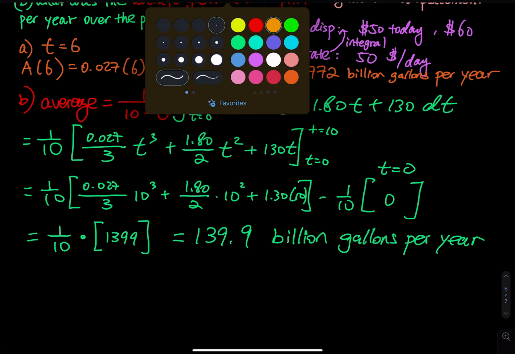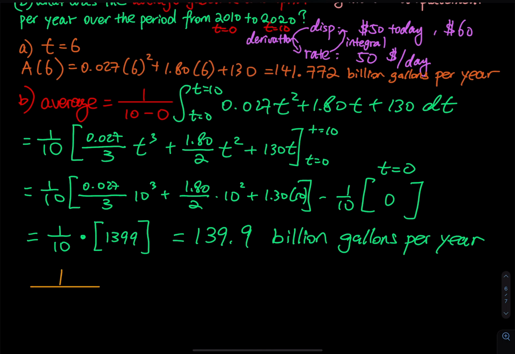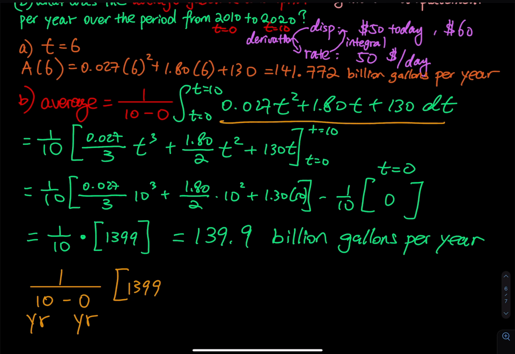So to get the 10, here is how. You have 1 divided by 10 minus 0, right? So this is in years, and this is in years. And then how about the 1399? So the 1399, yes, you're right. This function is a rate of change. You take the integral of that, so you are no longer in rate of change. So there is not supposed to be a per in there, right?